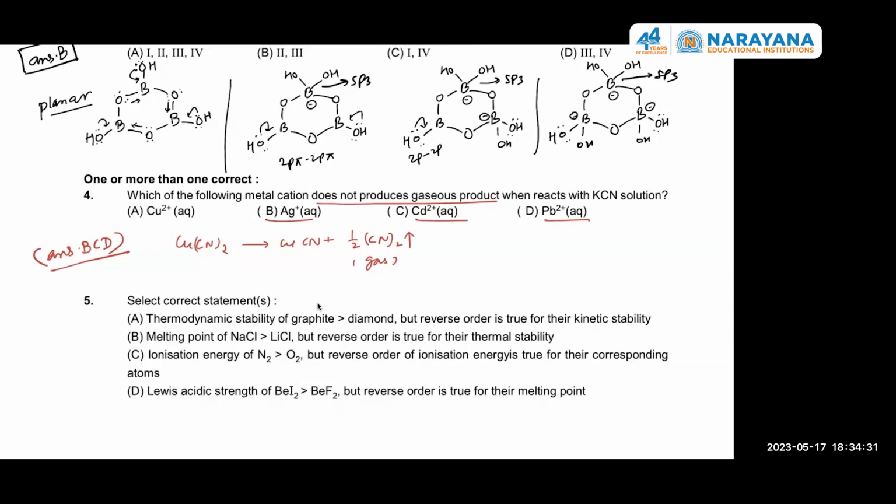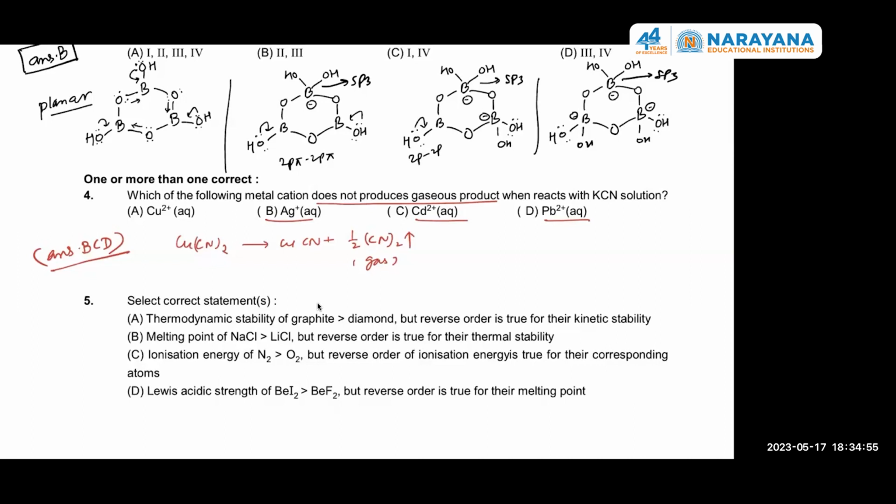In case of C, the ionization energy of N2 is greater than O2, because the highest occupied molecular orbital is sigma, which is also a bonding molecular orbital. In case of oxygen, it is pi star, from which electrons can be easily removed. But the reverse order of ionization energy is true for their corresponding atoms.